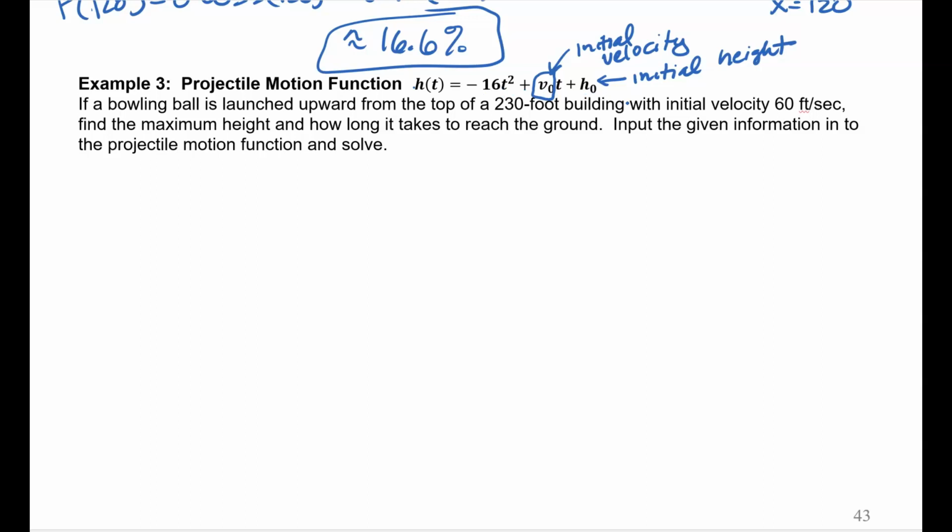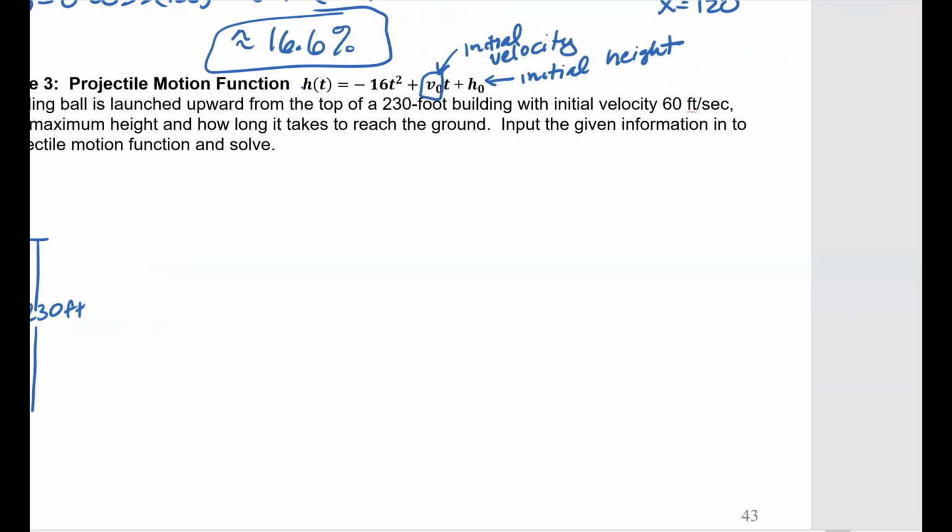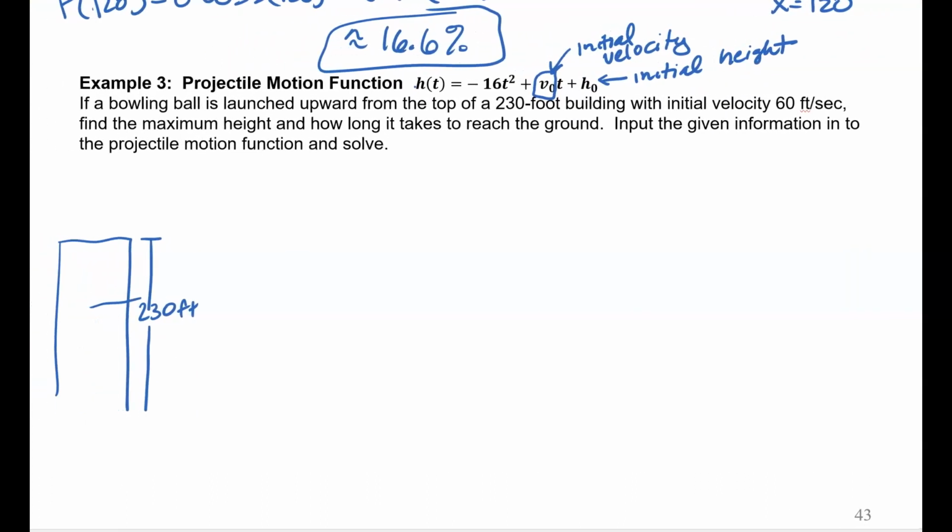So let's read this bowling ball problem. If a bowling ball is launched upward from the top of a 230-foot building, so you've got a building that's 230 feet tall.